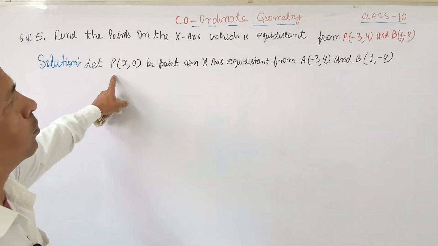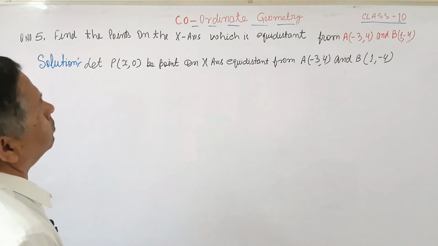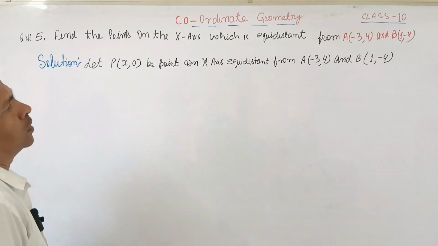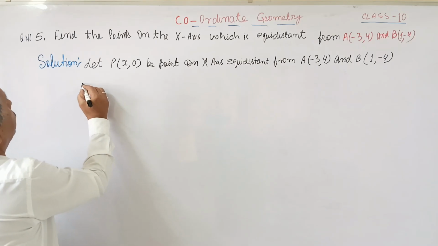So P will be the point on the x-axis which is equidistant from A and B.